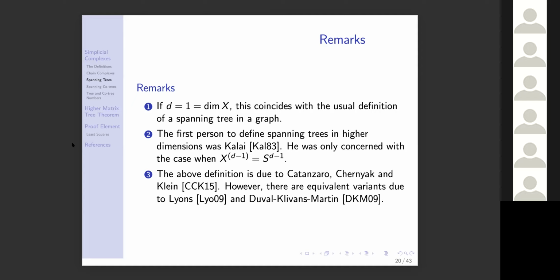However, there are equivalent variants due to Richard Lyons, and three authors, Art Duval, Carolyn Klivans, and Jeremy Martin in 2009. So this is not really due to us; it's just the flavor of the definition that is due to us. These other authors didn't even really work with CW complexes. We generalized it. We're working only with simplicial complexes today, so our definition works in greater generality.